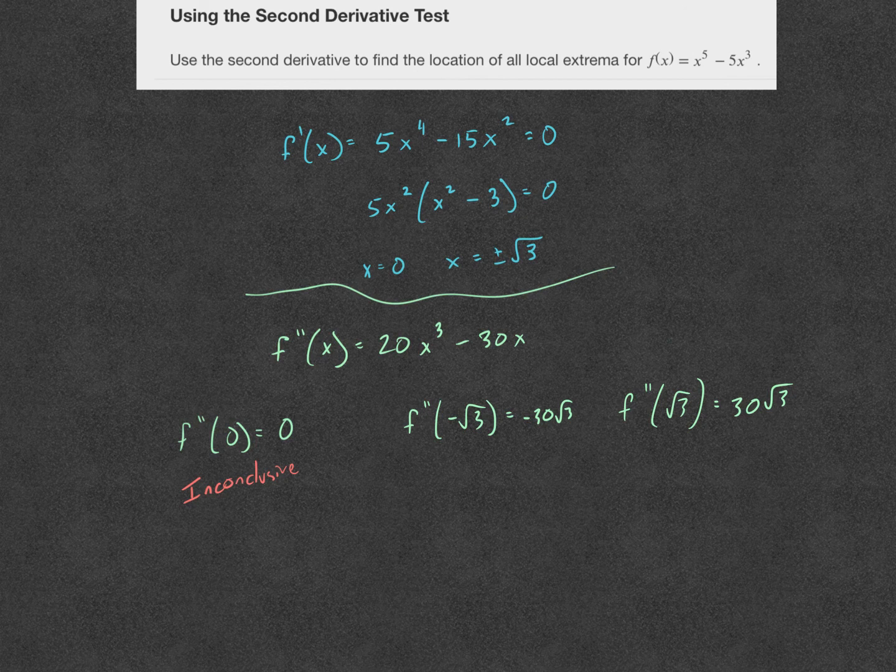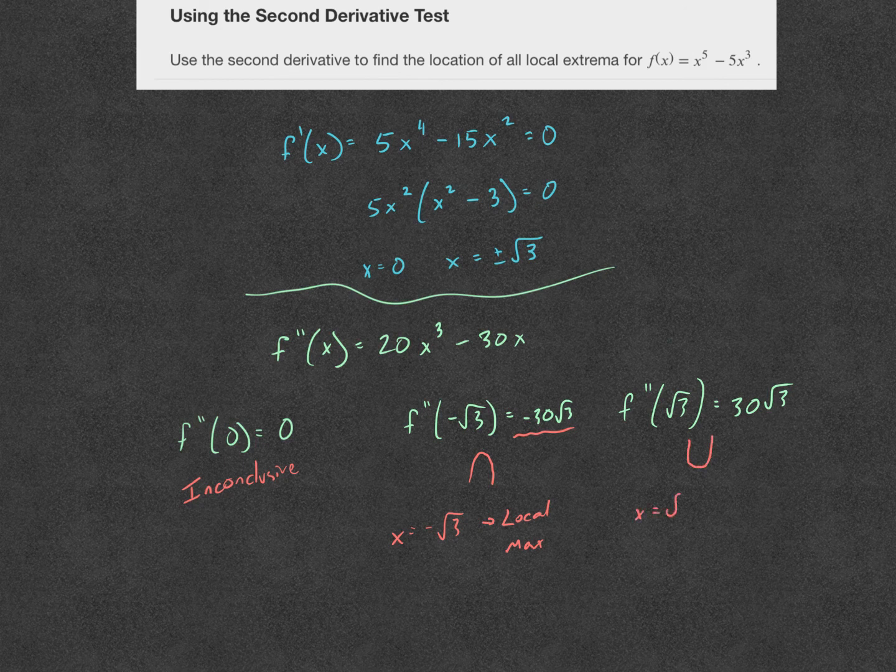And when the second derivative is negative, and I like to draw it every time, it means we're concave downward. Therefore, at x equals negative root 3, that is a local max. And then when it's positive, it means we're concave upward.